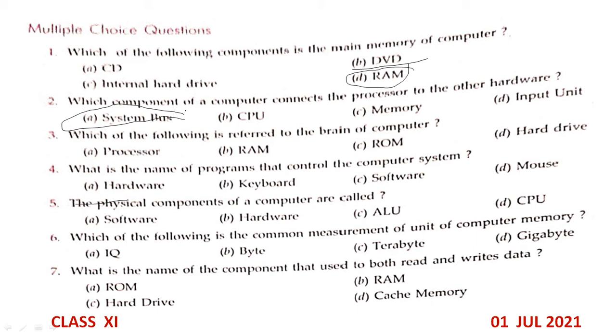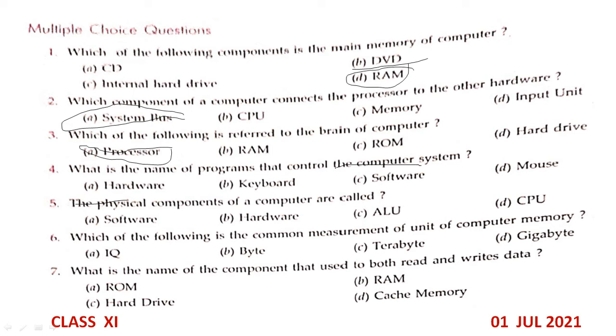Now third, which of the following is referred to as the brain of a computer? As you know, a very simple answer will be processor. A, processor. Question number 4, what is the name of a program that controls the computer system? Definitely it will not be hardware.